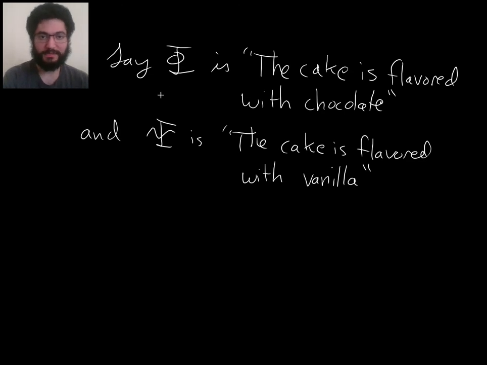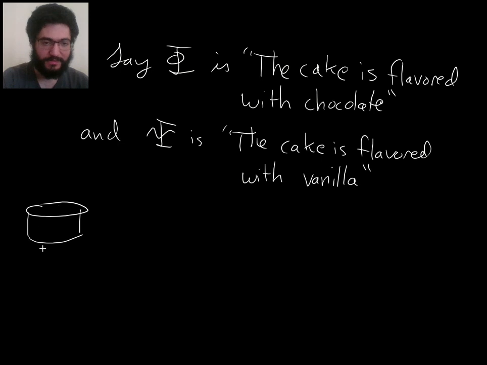Suppose that phi is this sentence, the cake is flavored with chocolate, and psi is this sentence, the cake is flavored with vanilla. Then suppose that when you look at the actual cake, you see that it is flavored with vanilla only. Let's say white is vanilla and red is chocolate.